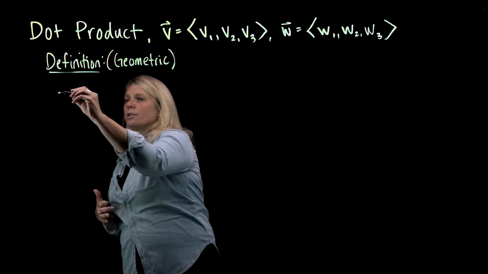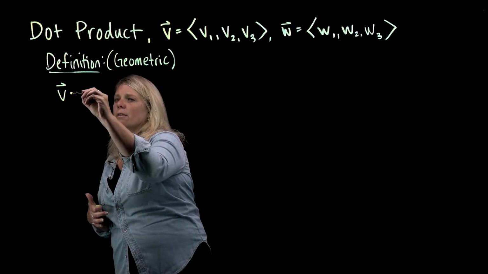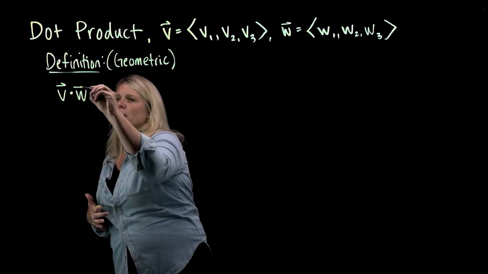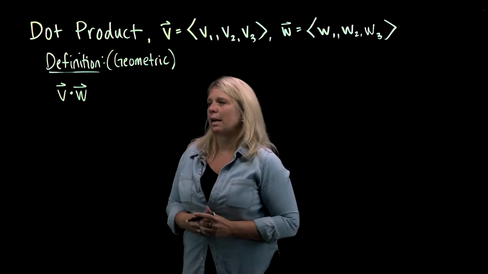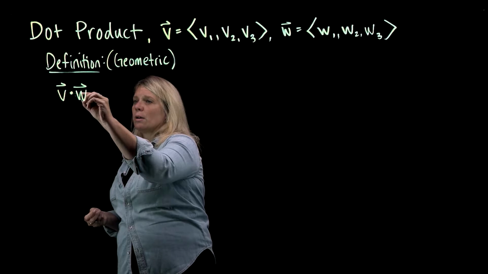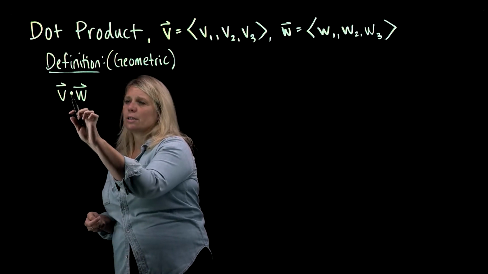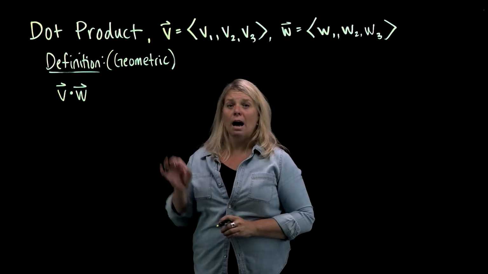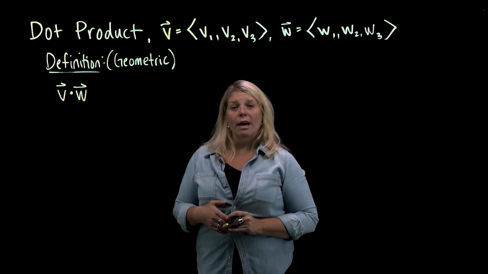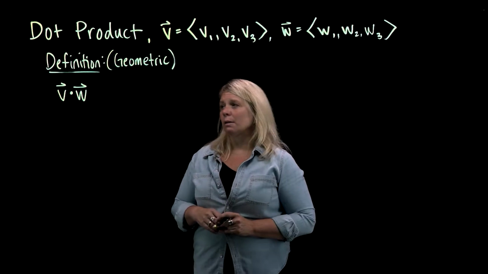So it says that for two vectors, v and w, v dot w, so we put a dot in between them, just like a dot for multiplication, and so this is called the dot product. You would never write two vectors just next to each other. You need that in between. You also would not say times, because we also have a cross product, which we'll talk about a little bit later.